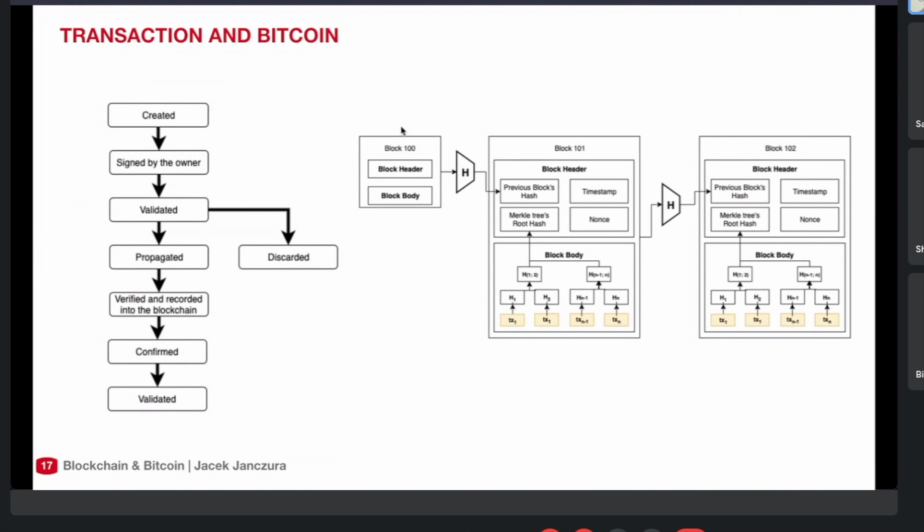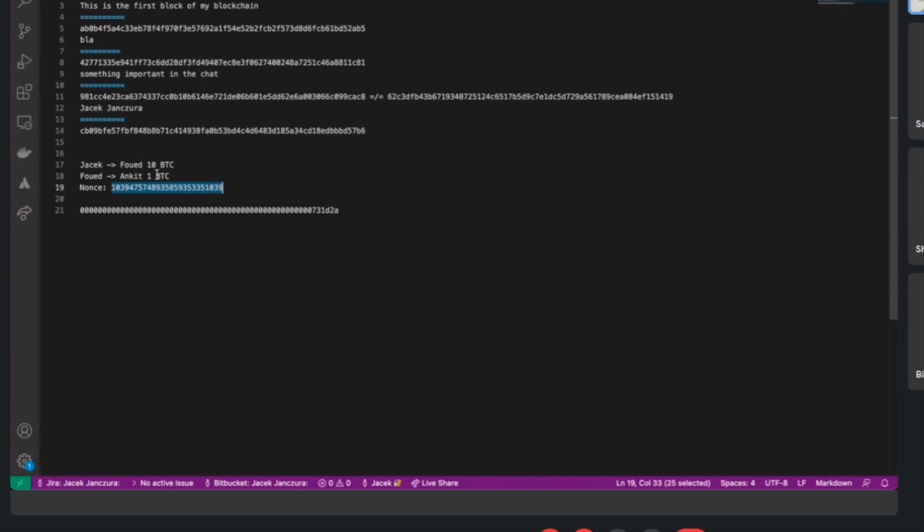That's why to solve this puzzle, you start from input, you start from guessing these nonce, from guessing the numbers that will give you some number of zeros. And to check it, it's super easy. To check it, you just reverse it.